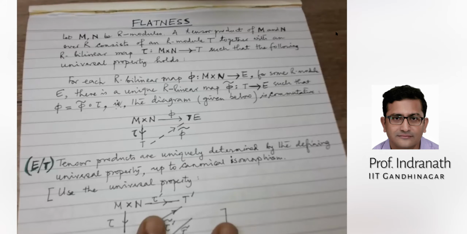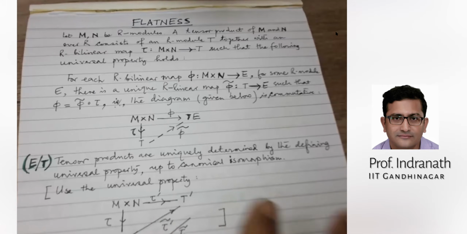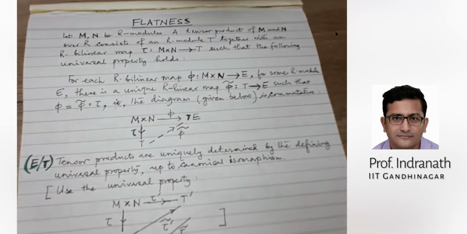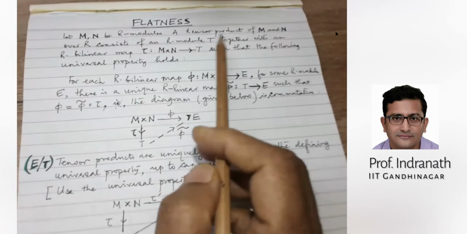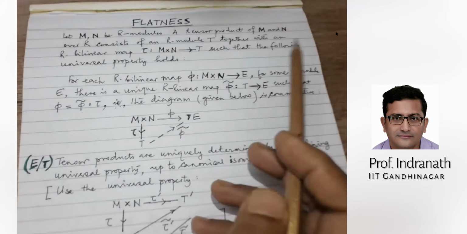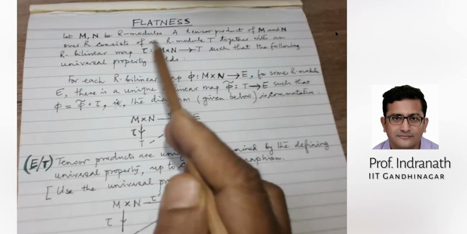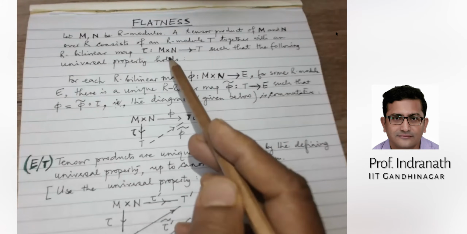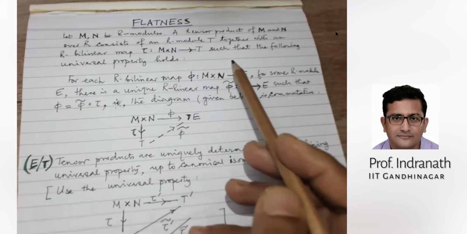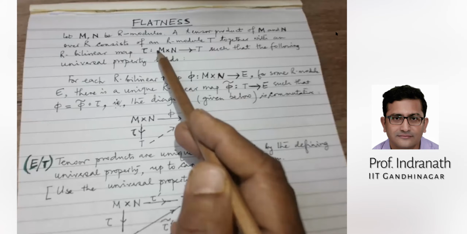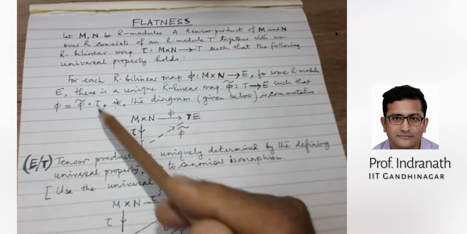Okay, so I'm starting with the tensor product. I'm sure all of you know that if I have R modules M and N, then the tensor product is defined as an R module T, with an R bilinear map from M cross N to T. I'm calling this the tensor product such that it satisfies this universal property.